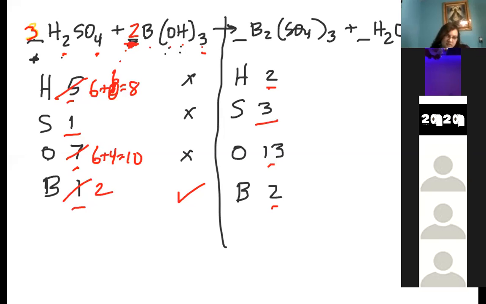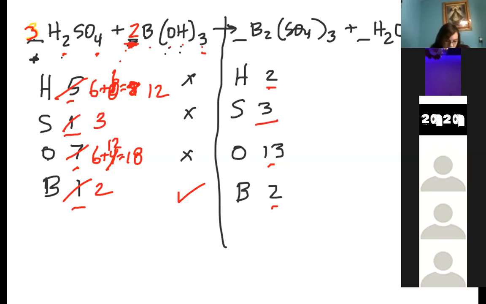So 6 plus 6 now equals 12. And then 3 times 1 gives me 3 S's. 3 times 4 gives me 12. So now I have 6 plus 12, which gives me 18. That's what putting that 3 there did.